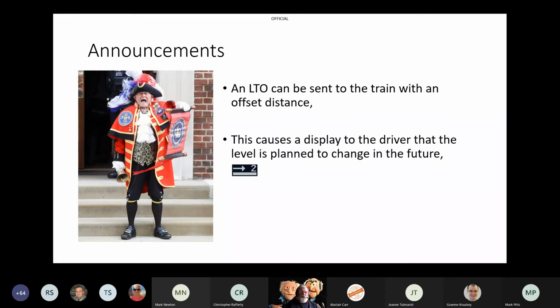And the purpose of doing this is to actually advise the driver that a level change is planned for the future. So when a level transition announcement is received, the onboard goes through the process we've just been looking at to identify a trackside supported level in priority order that is available on the train. And if that is different to the current level of the train, it will display an announcement icon to the driver.